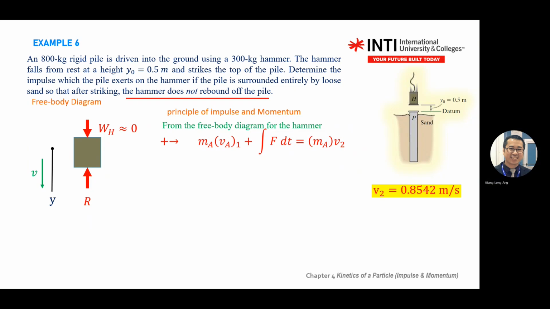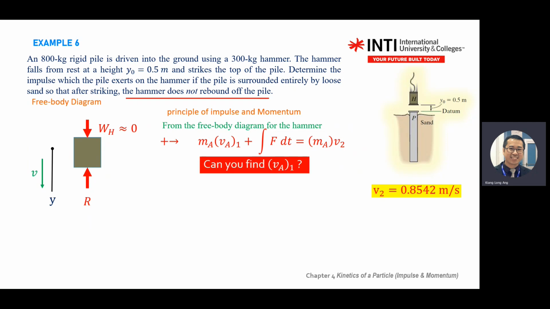Before hitting, why 0? Which statement tells you it is 0? Yeah, the hammer falls from rest. So this one is 0. Okay, what are the forces you have?